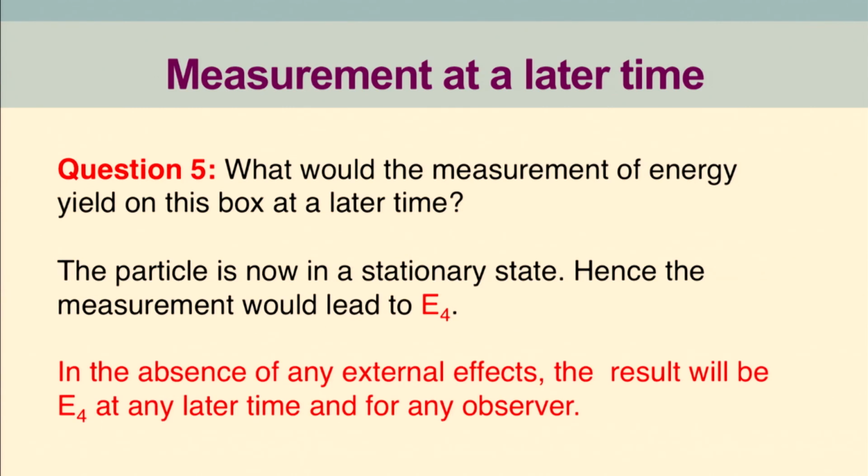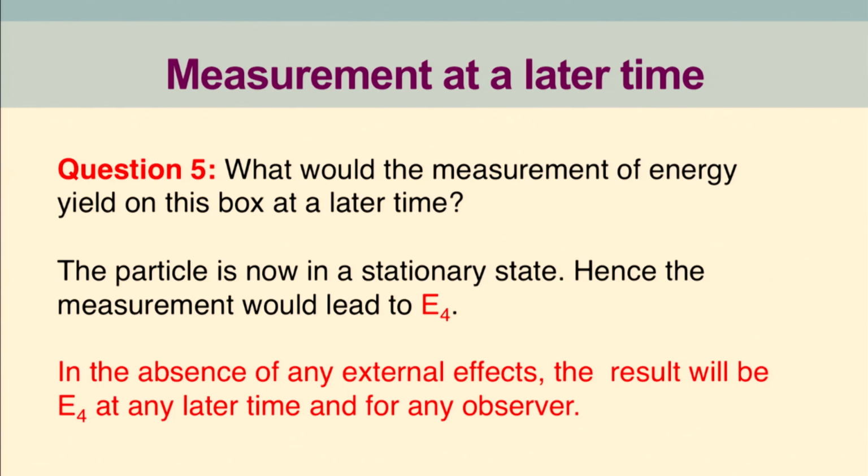Next question, which is again very important, is what will be the outcome if I measure again at a later point of time t? What would the measurement of energy yield on this box at a later time t? It is the same box which I initially measured where the energy state came out to be E4.